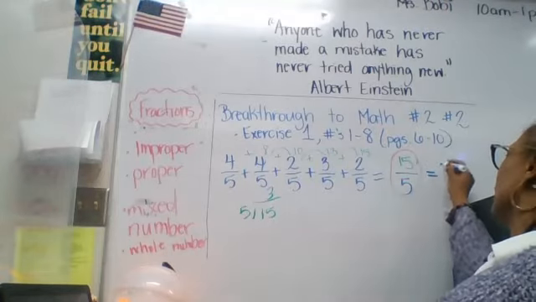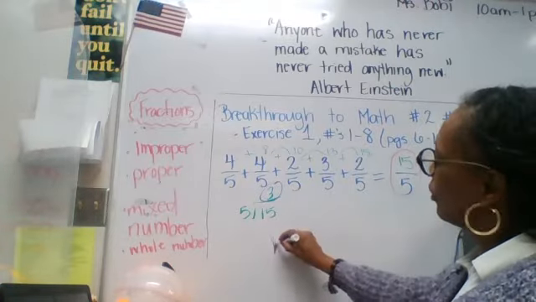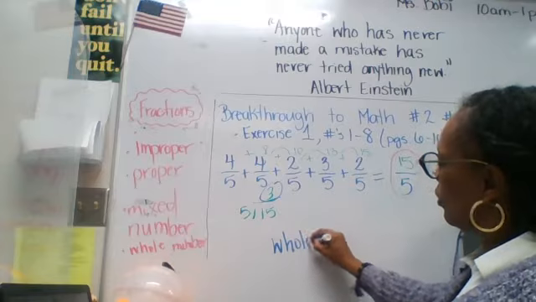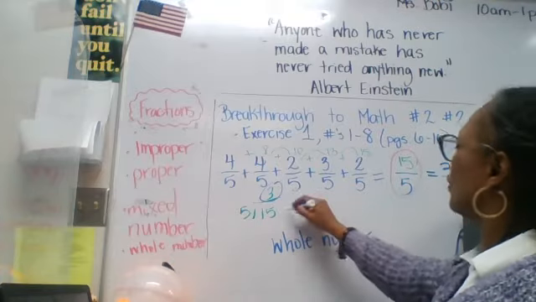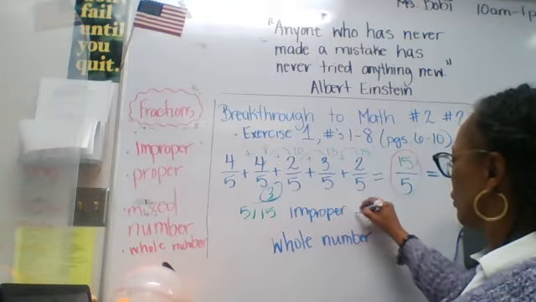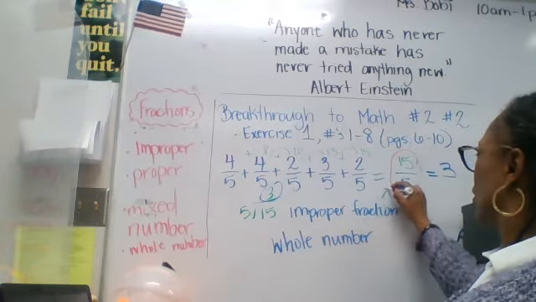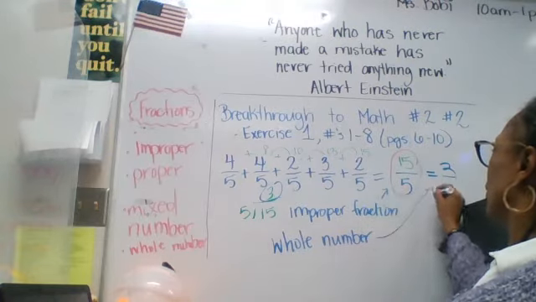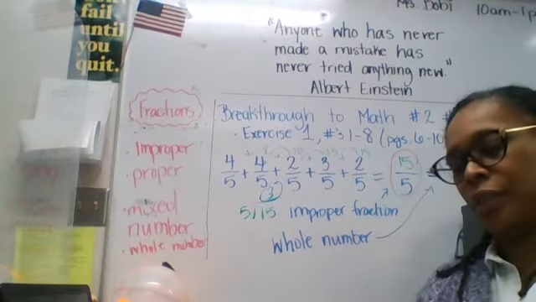So then the answer will be 3, because that's a whole number. So it went from improper fraction to a whole number. Yep, nice and messy. But that's how we do that.